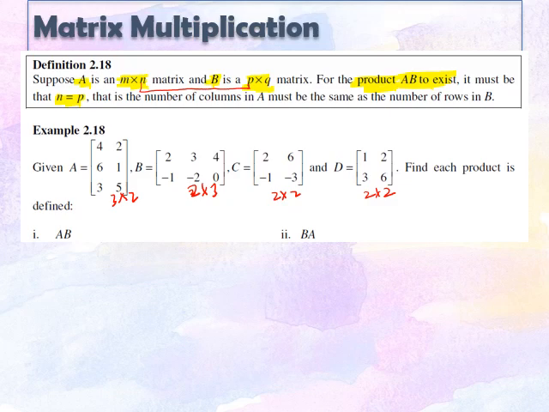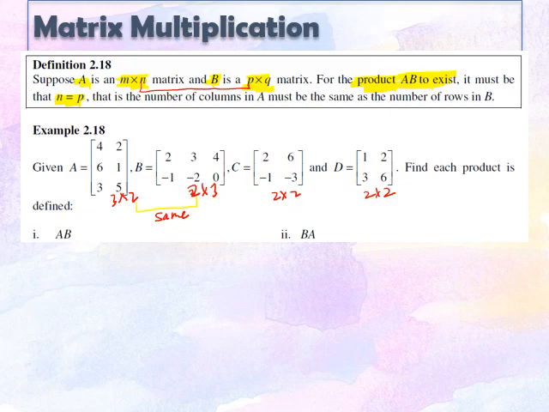AB. You see, the number of columns of the first matrix is equal to the number of rows of the second matrix. Same here, 2 and 2, so we can perform the product.